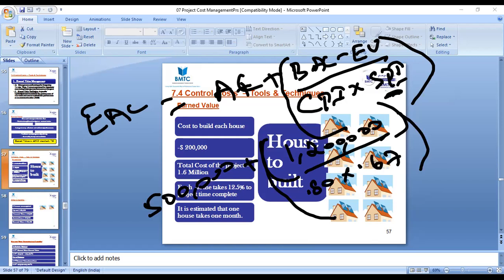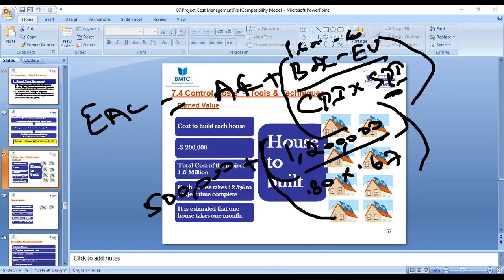What is your new estimated completion? Use your mobile calculators. Give me the answer.